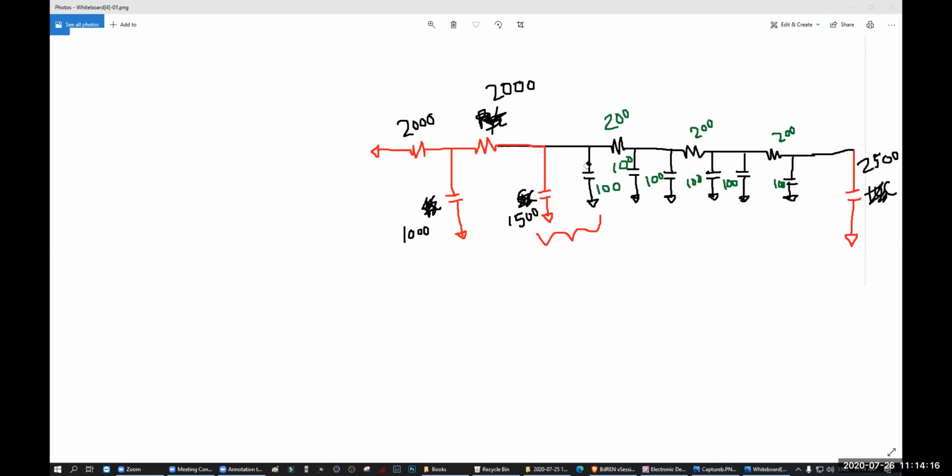What I can do, I am going to erase this and call it 1600. These two capacitance, they are parallel, they become 200. Again, this one, 200.